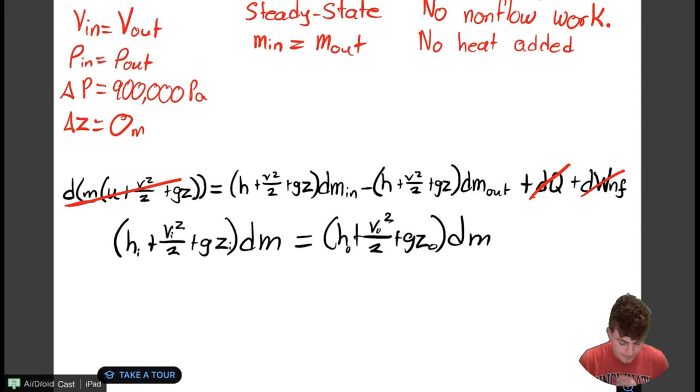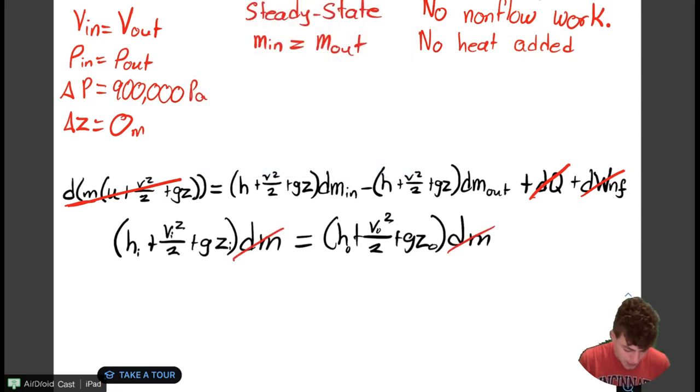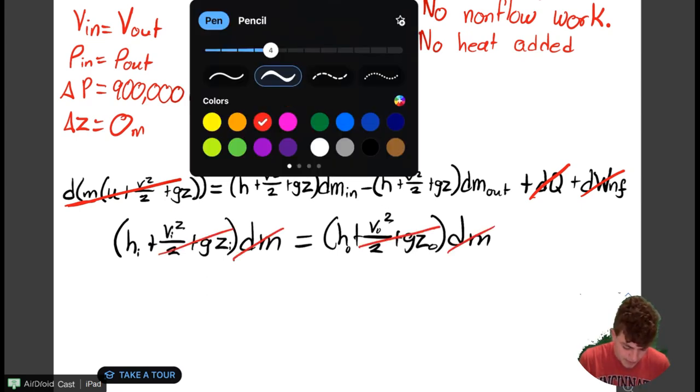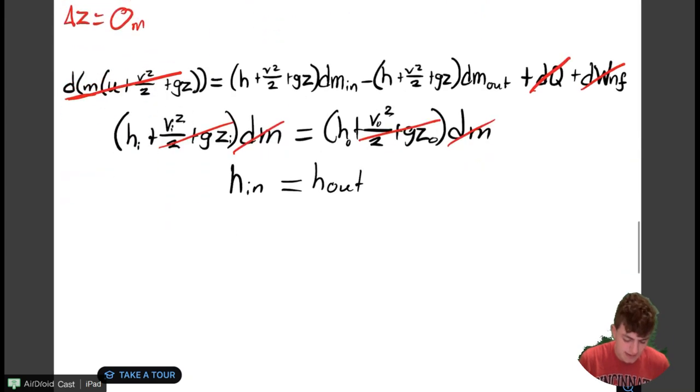Now, some quick cancellations, we will basically be able to determine that the enthalpy entering the system is going to be equal to the enthalpy exiting the system. And we defined enthalpy earlier as internal energy plus the work being done on the system.